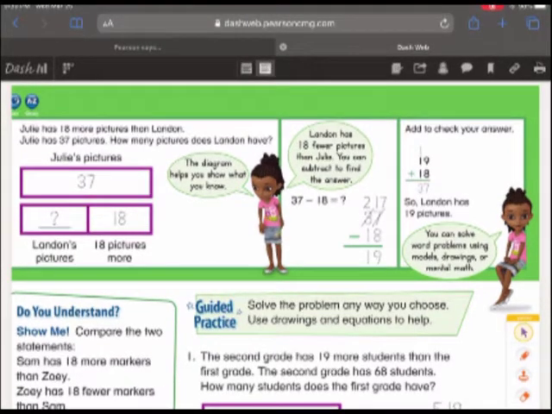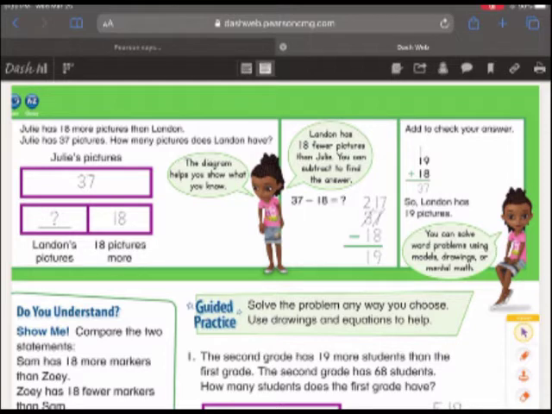What can we do to find out what the question mark means? Are we going to add or subtract? Let's take a look at the box in the middle. Our friend tells us Landon has 18 fewer pictures than Julie, and we can subtract to find the answer.